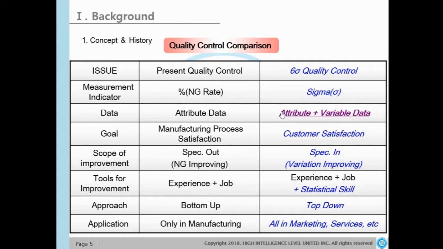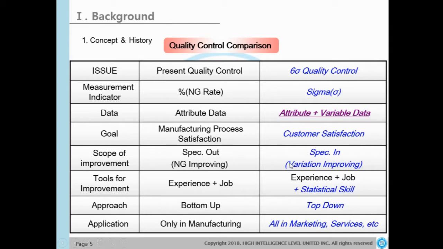So this is really meaningful. And the goal is manufacturing process satisfaction. This one is totally customer satisfaction, a wider meaning. Before, we focused on spec out, that means NG, improving. We focused on the failure.